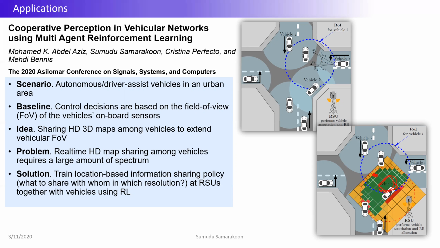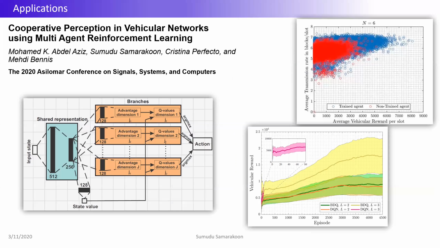Although I am not going into details in this case, those who are interested can check this paper. I would like to highlight a couple of results based on this work. Instead of using a conventional actor-critic design or deep Q network design, the work focuses on using a branching technique.